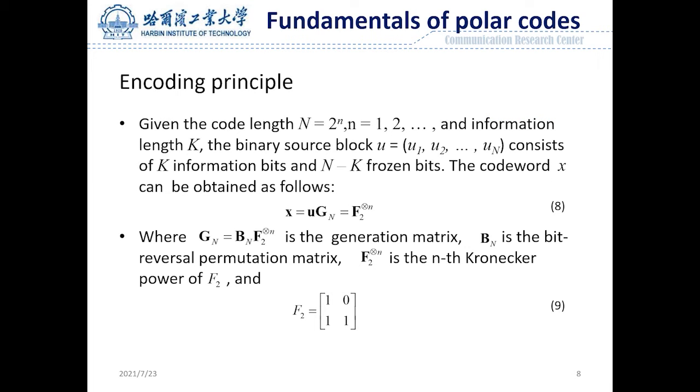The encoding process of polar codes can be written as equation 8, where G is the generator matrix, Bn is the bit reversal permutation matrix, and F to the power of Kronecker n means the nth Kronecker power. F is the kernel matrix, which is shown as equation 9.